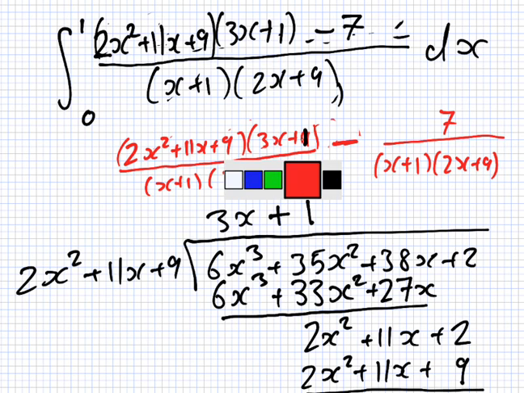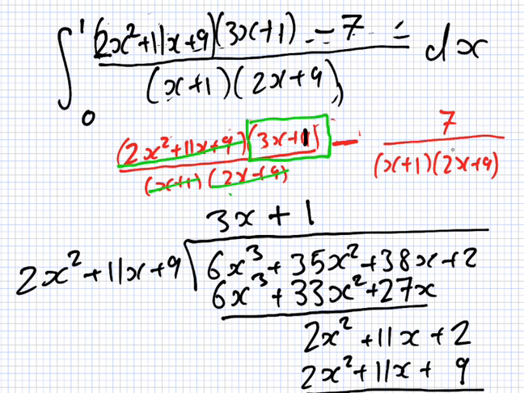Okay, and something cancels in the first fraction. What cancels in the first fraction? The 2x squared plus 11x plus 9 cancels with these 2. So I'm just left with 3x plus 1. So now I have a proper partial fraction to deal with here.